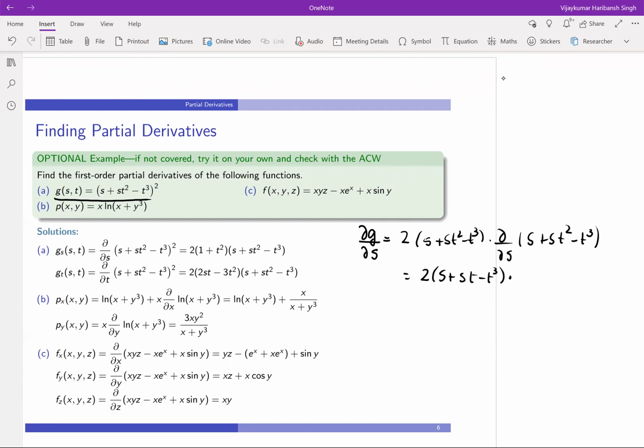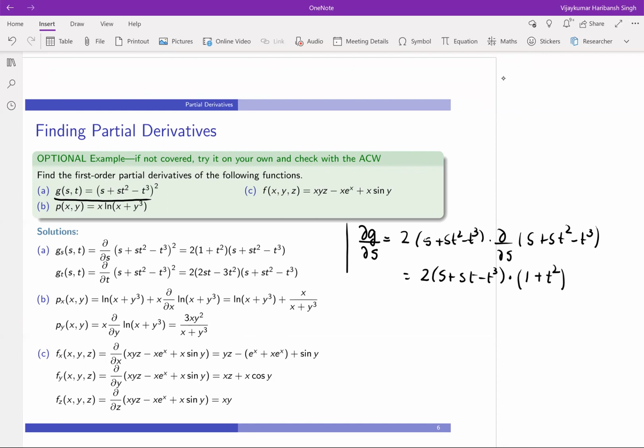What is the partial derivative of this with respect to s? The derivative of s is 1. The derivative of st^2 is t^2, since t is constant. And the derivative of minus t^3 is 0 because there's no s in there. So this is the partial derivative with respect to s.